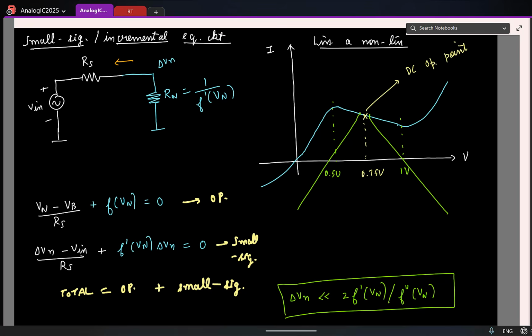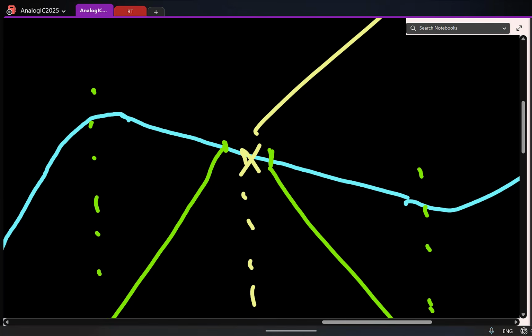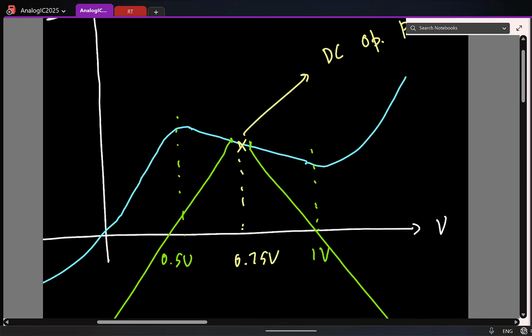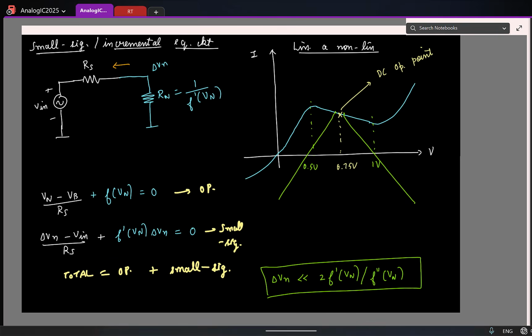Linear. That's all. I basically zoom in like this to look linear. So that's essentially what we are doing. If I draw the characteristic and zoom in, it will look like this nicely. So now my small signals are going to be swinging in that small range, here in this magnified range.